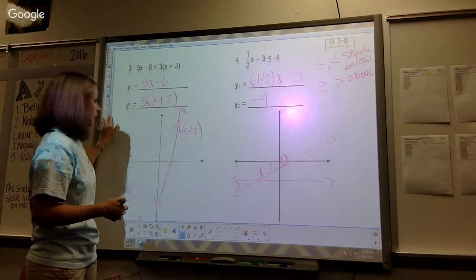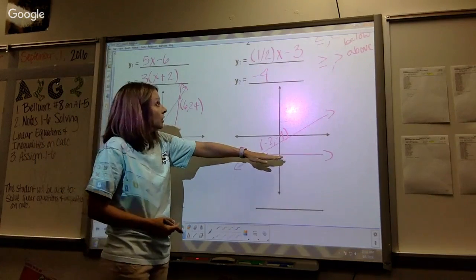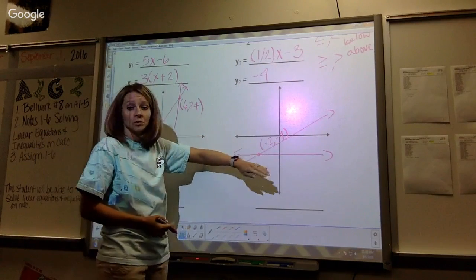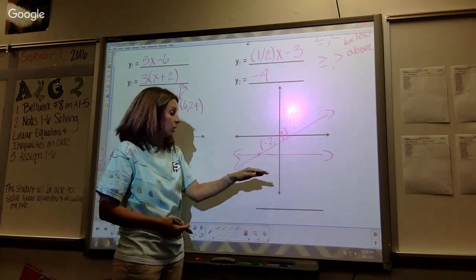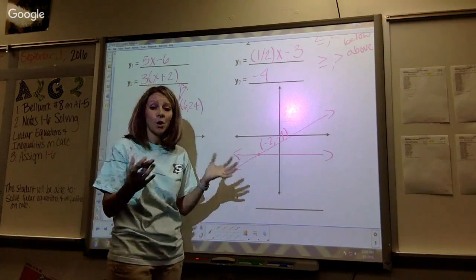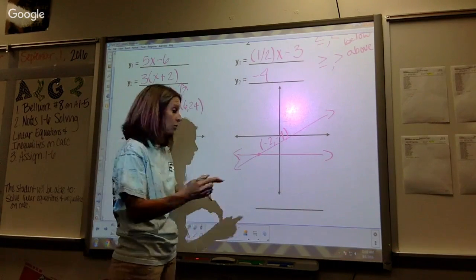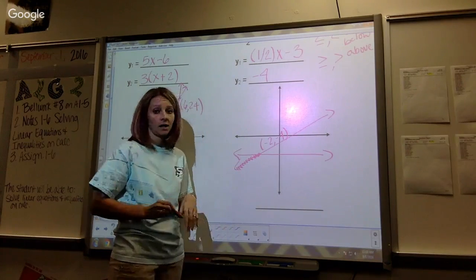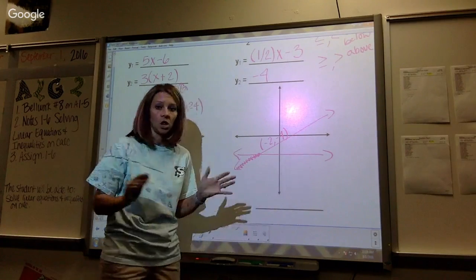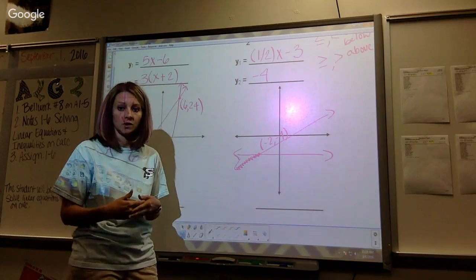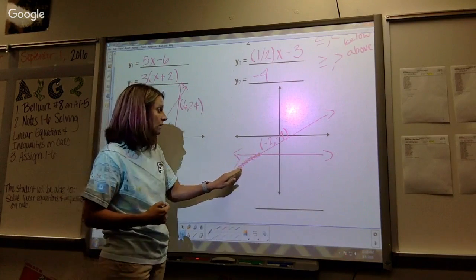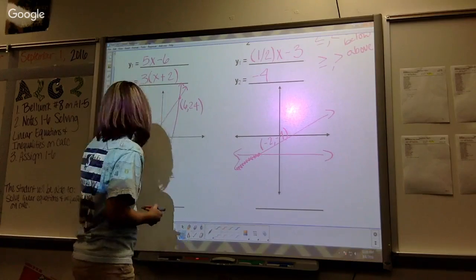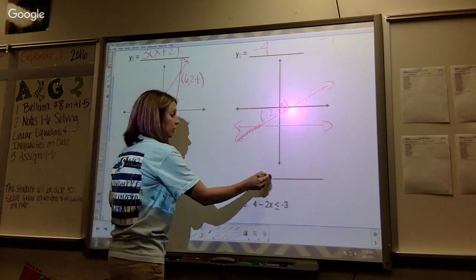Looking at this one, notice we have less than, so we would be shading below this horizontal line. If I shade below, I only care about the x. So really, all I'm going to shade is just this portion of the line. We don't have to shade all of that. We're not looking for ordered pairs. We're looking for x values. So I'm just shading that portion. Knowing that, we're going to write our solution.